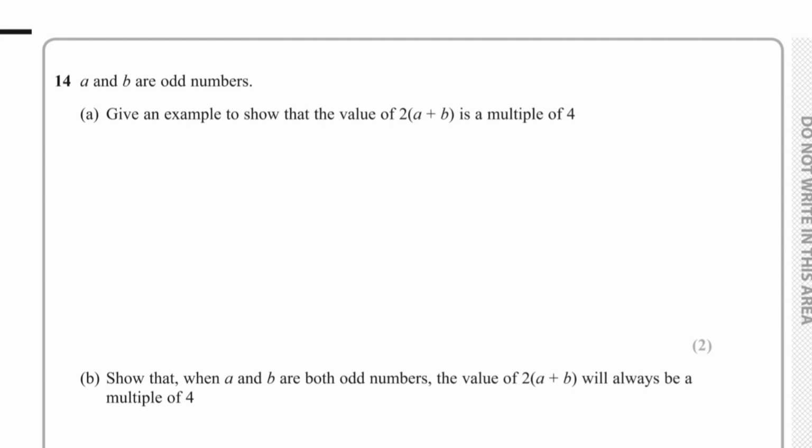Question number 14. A and B are odd numbers. We have to give an example to show that the value of 2 times by A plus B is a multiple of 4. Well, if I had A equals 1 and B equals 3, these are examples of odd numbers, then 2 times by A plus B, that's equal to 2 times by 1 plus 3.